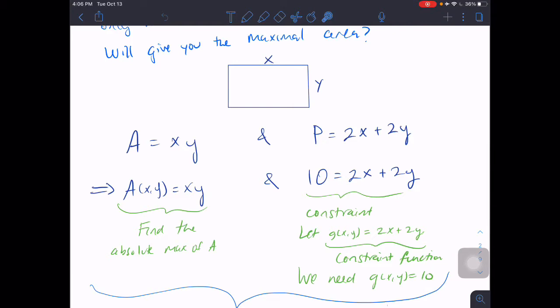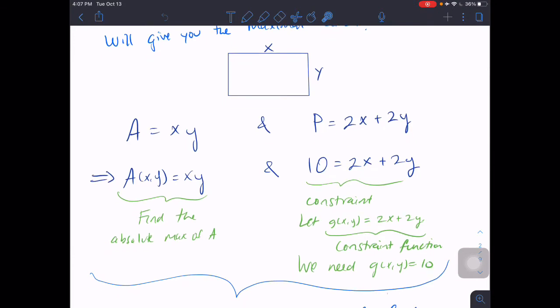Okay? And why would you do that? Well, by creating this new equation, 2x plus 2y, and setting it equal to 10, you're now going to consider this equation the level curve of your function g, which will always output 10. Okay? So I'm going to say that again.